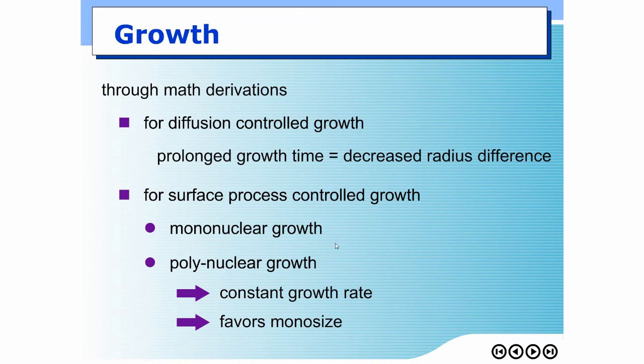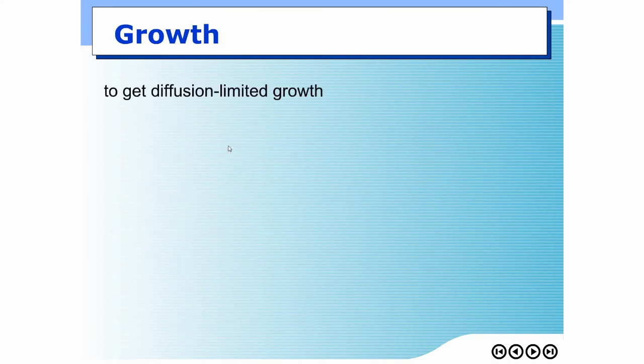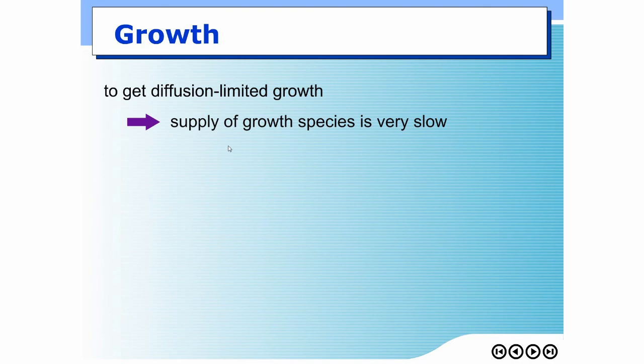All of them we cannot control. So, in order to get particles with uniform size that we can control, we prefer the growth process to be diffusion control. So how can we control the growth process to be diffusion limited? Basically, we want diffusion to be rather slow.